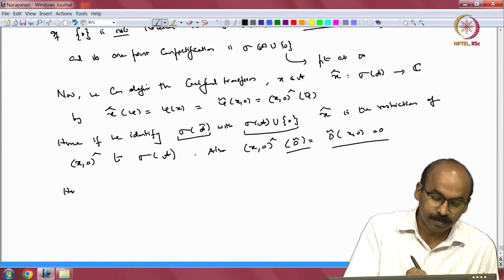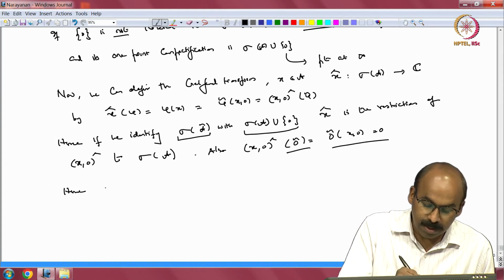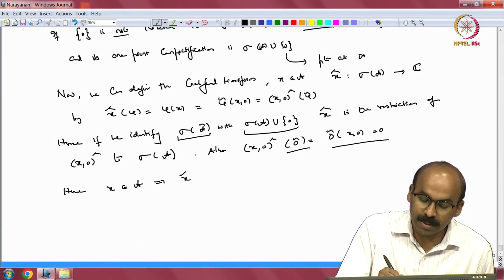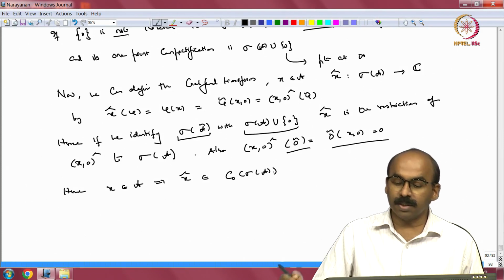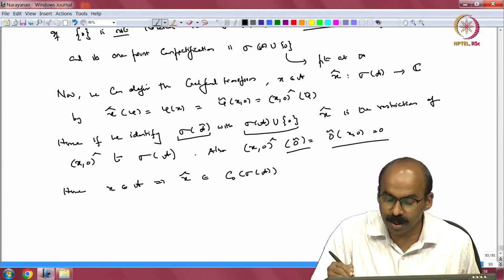Hence x in A implies x hat belongs to C0 of sigma of A. Okay. So, this is an important identification which you should understand.